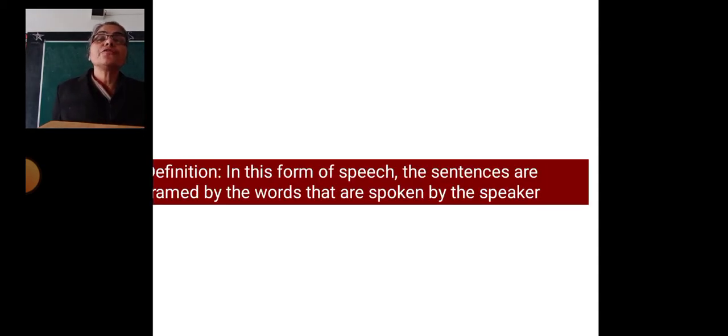The definition of the direct narration says that the direct speech is framed by the words that are spoken by the speaker. It means in a direct speech sentence, the exact words spoken by the speaker are used.